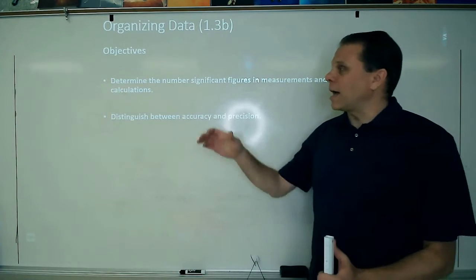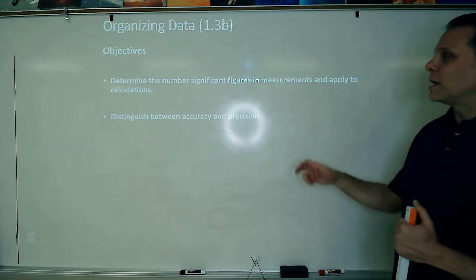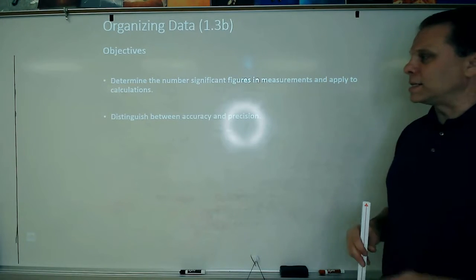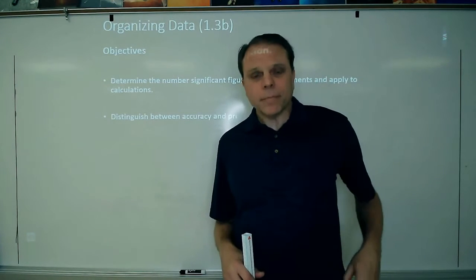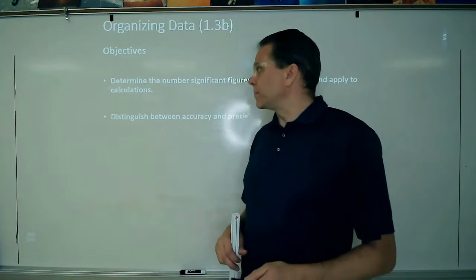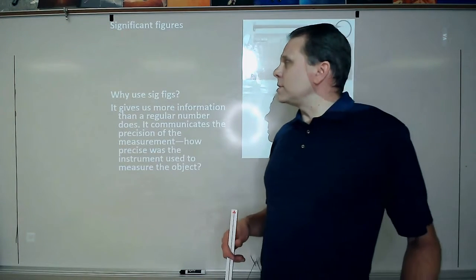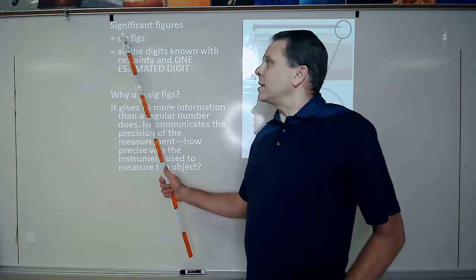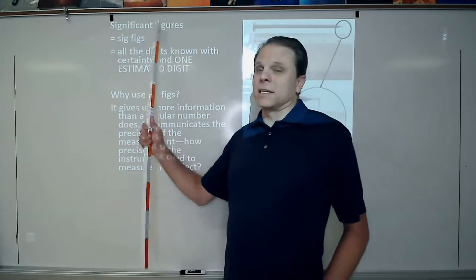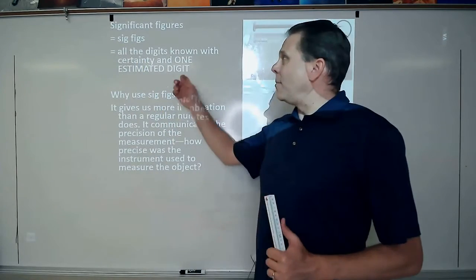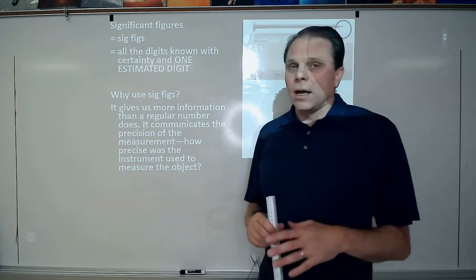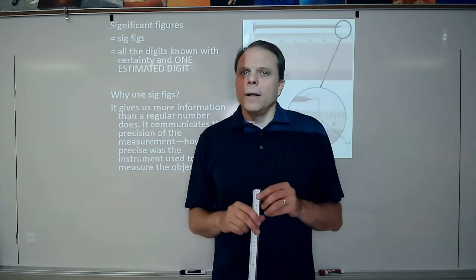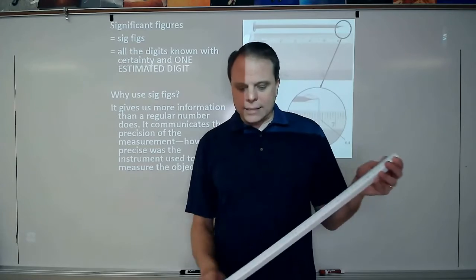Okay, so our objectives here today: determine the number of sig figs in measurements, apply it to calculations, and distinguish between accuracy and precision. Okay, so why do we use sig figs? What's important about them? Sometimes we say sig figs instead of significant figures. It's a lot easier, right? They tell us all the digits known with certainty, the ones we know by actually hitting that number.